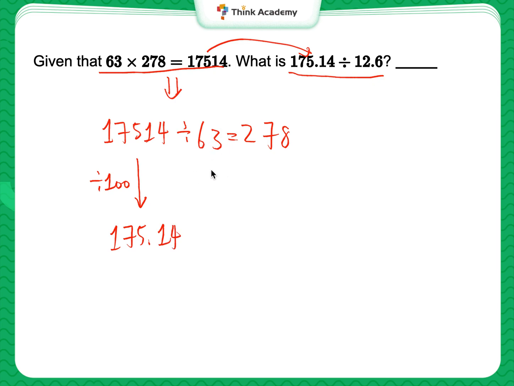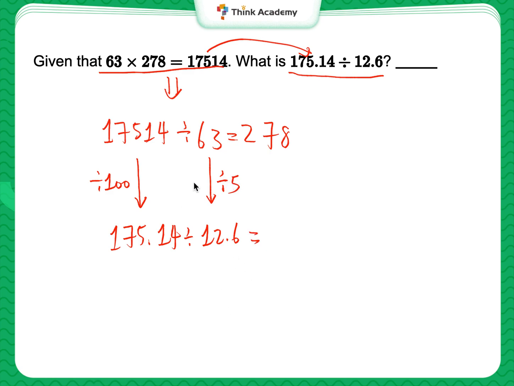And the next step, I am dividing the divisor 63 by 5 to get 12.6. So basically, you can just try to divide 63 by 12.6 to find the relationship in there.